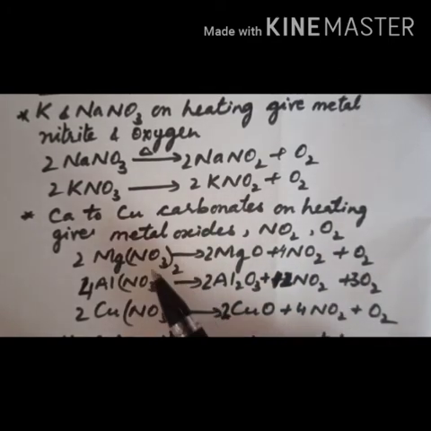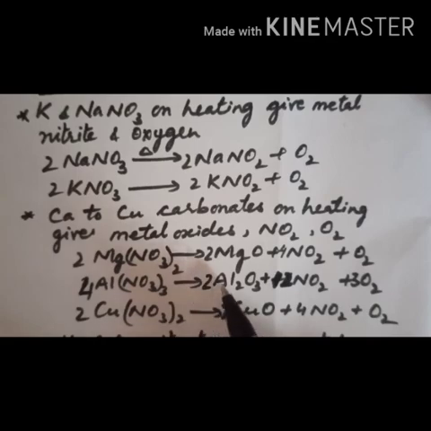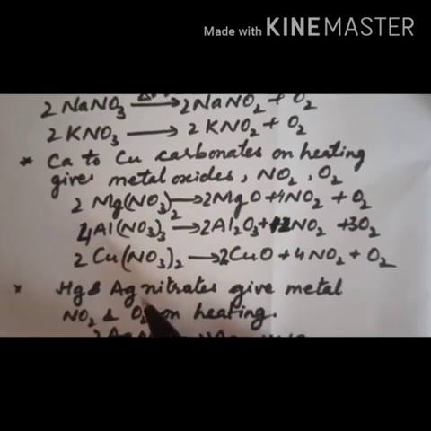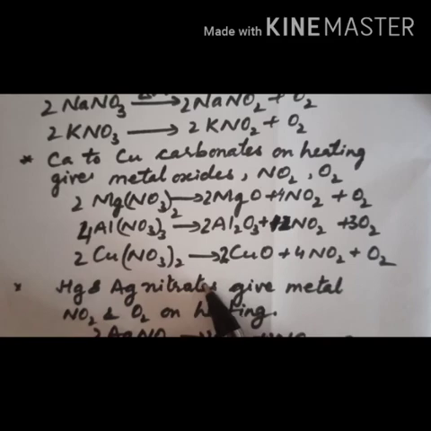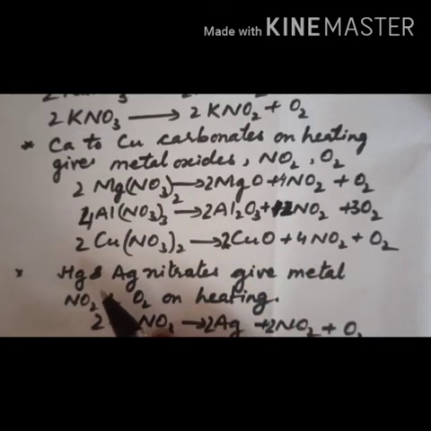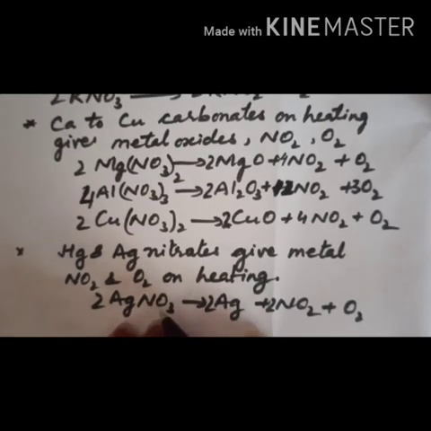So these metallic nitrates from calcium to copper on heating give metallic oxides, nitrogen dioxide and oxygen gas. Now next, mercury and silver nitrates on heating give metal, nitrogen dioxide and oxygen. For example, silver nitrate on heating gives silver, nitrogen dioxide and oxygen gas.